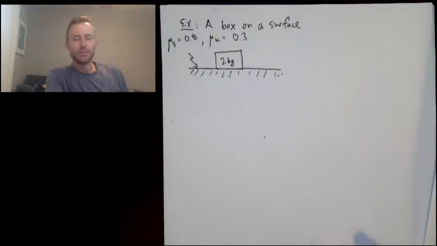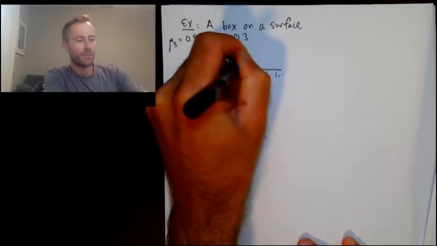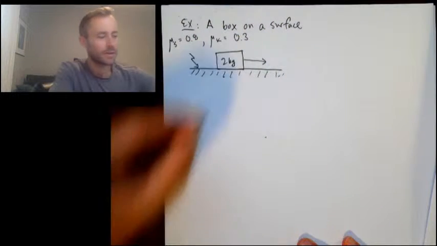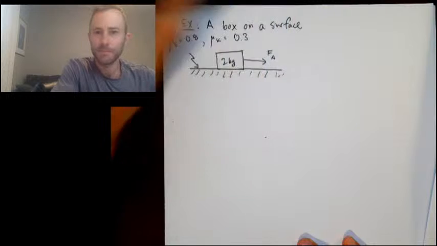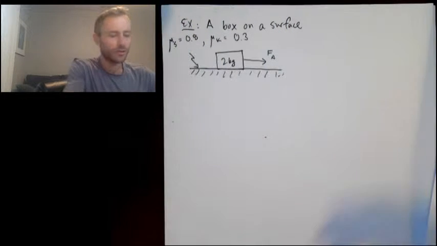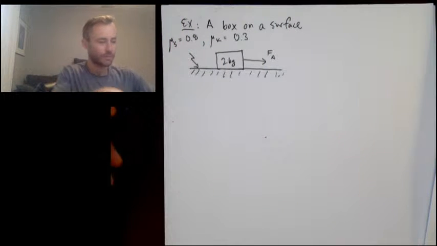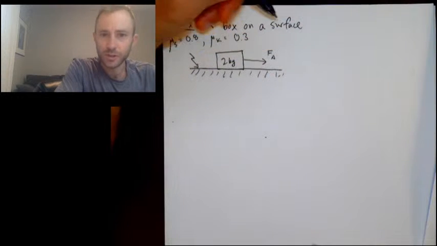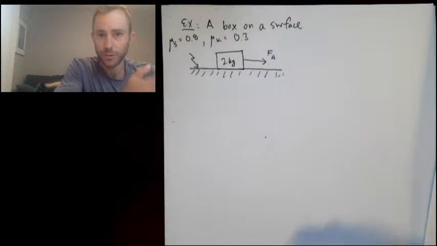And then there's an applied force, I'll call F sub A. If there's an applied force to the right, then friction is going to point to the left.